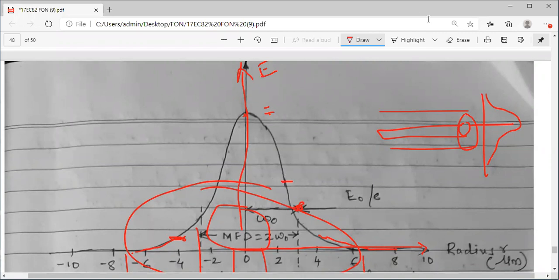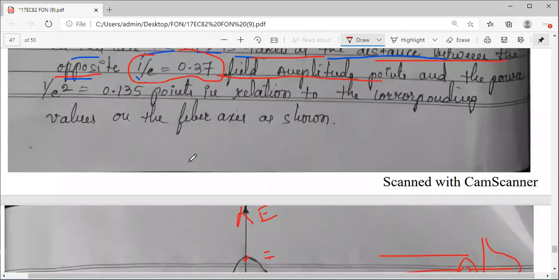So you have to take the opposite points. If I take this as 0.37, the opposite point will lie here. So you have to take MFD as the distance between these 2 points. This total distance will act as your MFD, that is mode field diameter.